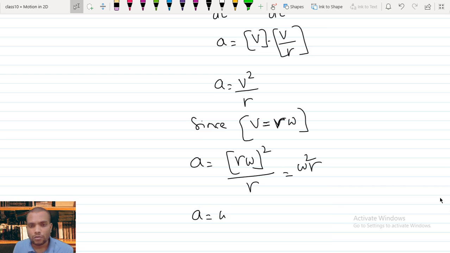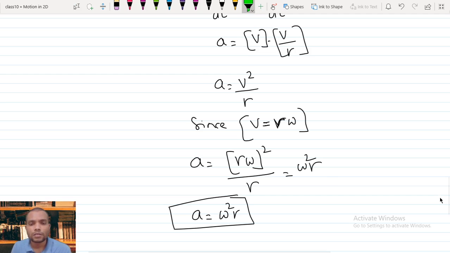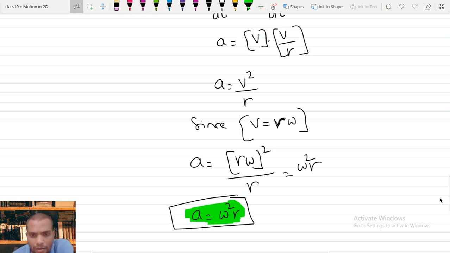So a equals omega square r, which is the expression for centripetal acceleration. Here omega is angular velocity and r is radius. Therefore the centripetal acceleration equals omega square times r. The above expression gives the magnitude of acceleration of the particle in uniform circular motion.